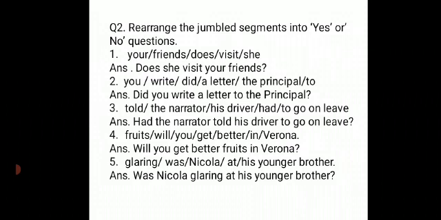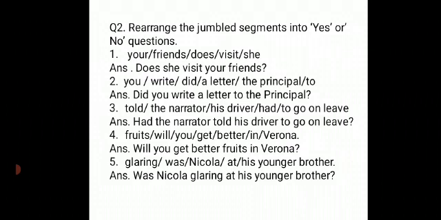So you must have understood this now, right? But just another example what I have given here is rearrange the jumbled segments into yes or no questions. Now they have given you a jumbled sentence, and you have to frame it into a proper yes or no question.